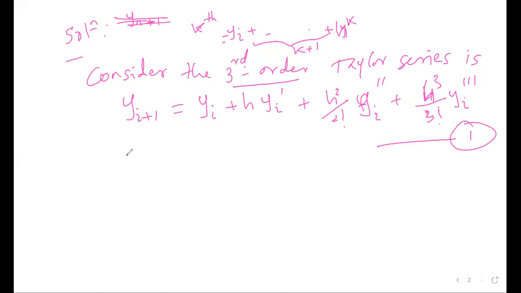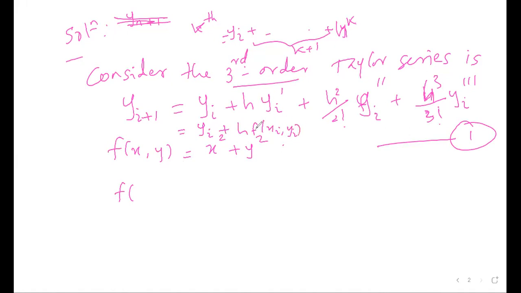So first of all, let's use our f of x, y, which is x squared plus y squared. What if you transform? This can also be written as y_i plus h f of x_i comma y_i.